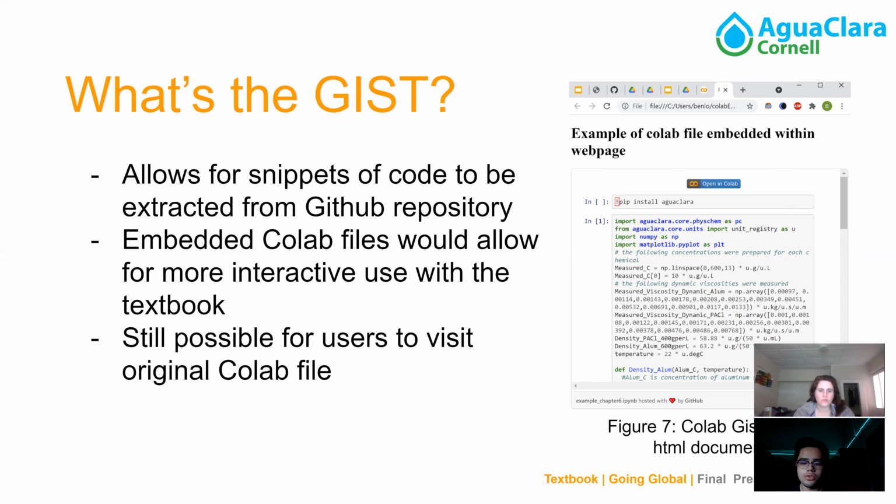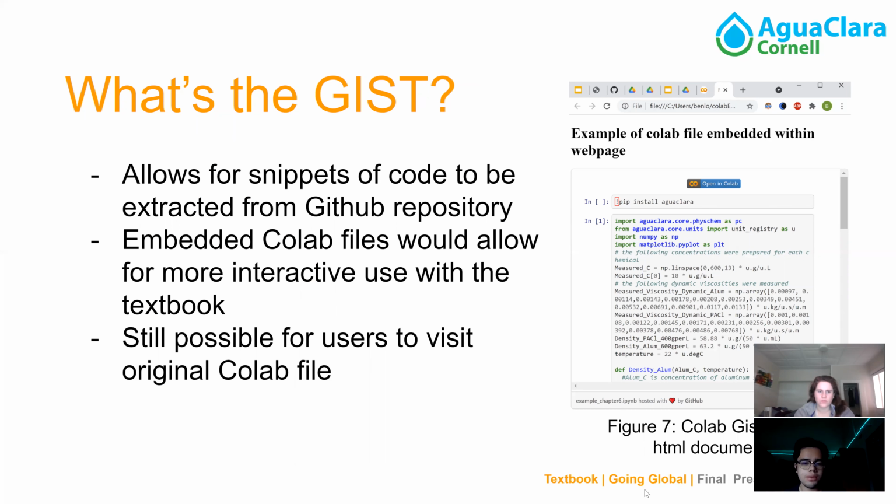And so we were able to use Gists to store Colab files with runnable code within the textbook documents themselves, allowing the user to then run the Colab files within Google Colab itself. As you can see, there's an option to open said file within Colab.